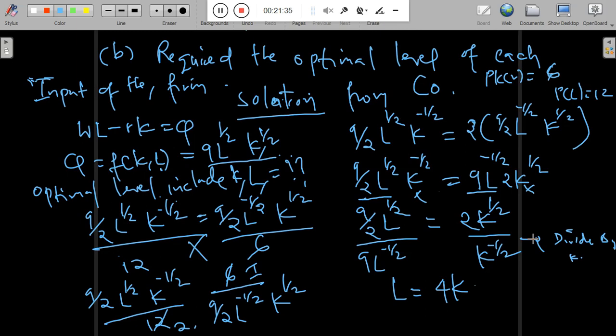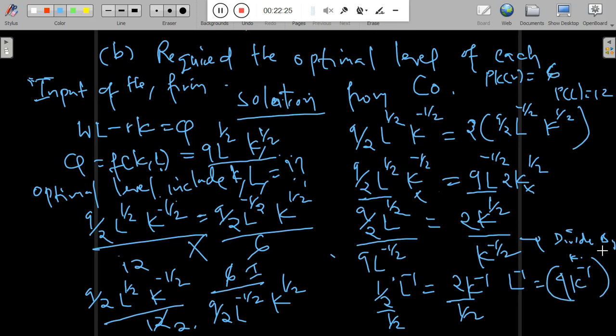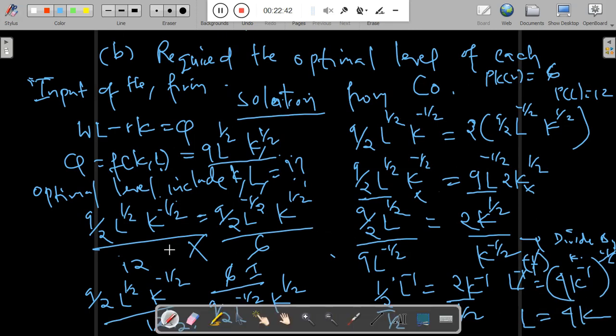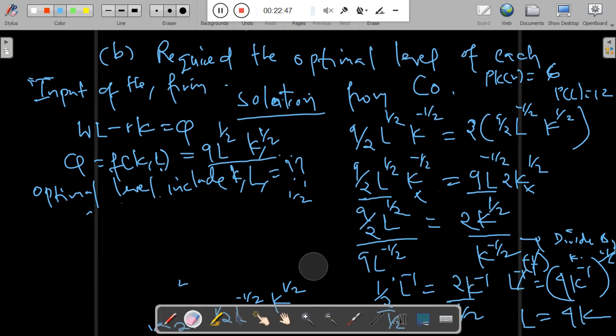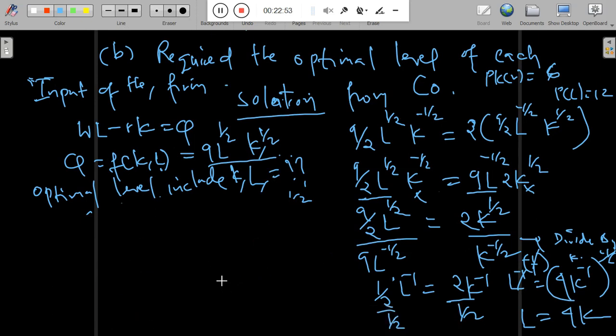So when we take half L raised to the power of negative half is equal to K, 9/2 divided by 9 is half L raised to the power of negative 1, and 2 divided by K raised to the power of negative half is equal to 2 divided by half. So we multiply by negative 1 on both sides, so that we can remove the negative. We remain with L is equal to 4K.